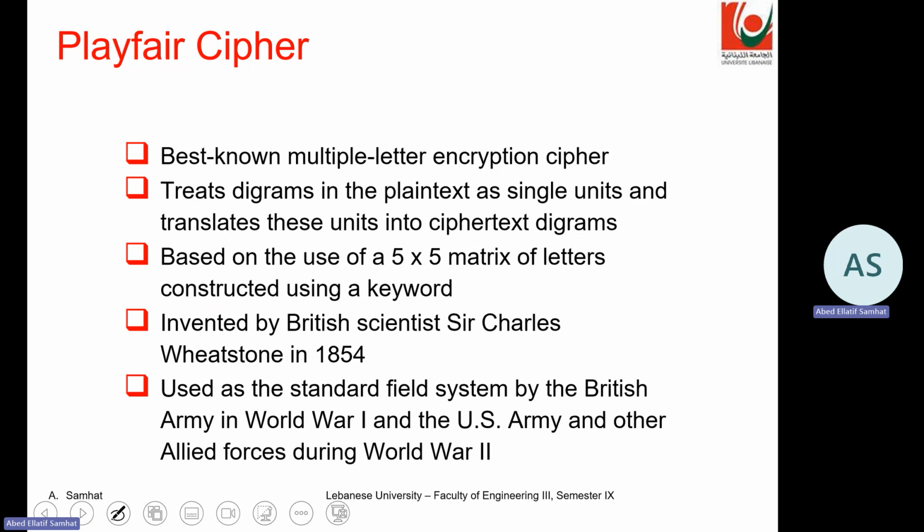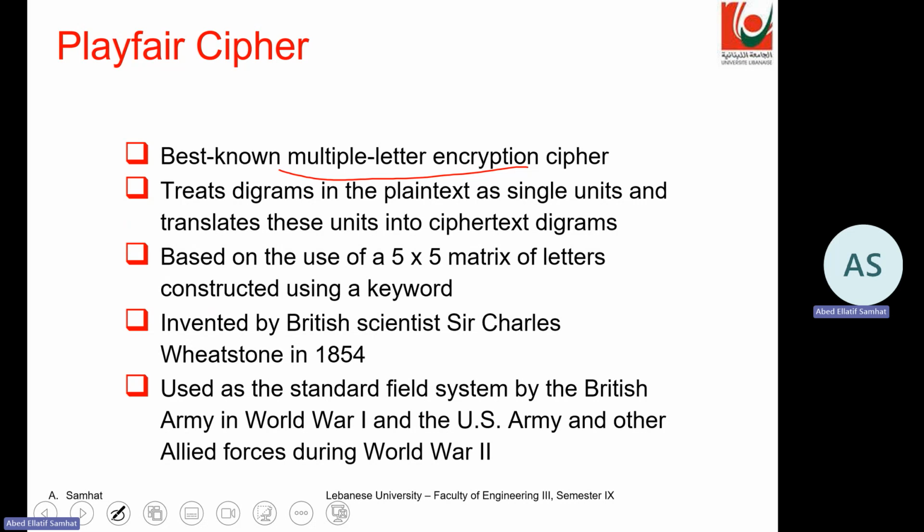Okay, let's see an example of this using Playfair. As we said, in Playfair we are using multiple-letter encryption. And the objective here is to avoid the attack on monoalphabetic cipher, because it's possible, as we said, to find the relative frequency of letters when we compare it to the standard frequency distribution for any language. So to avoid this, we try to encrypt multiple letters, okay?